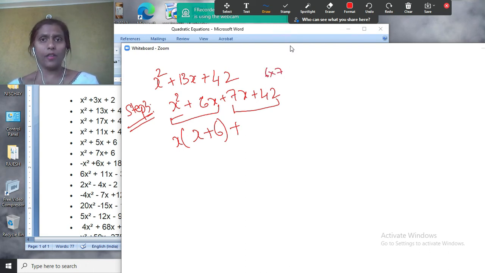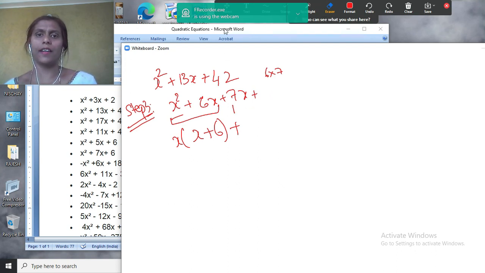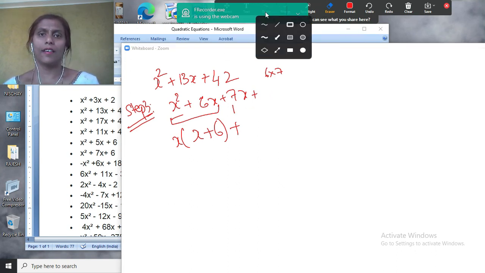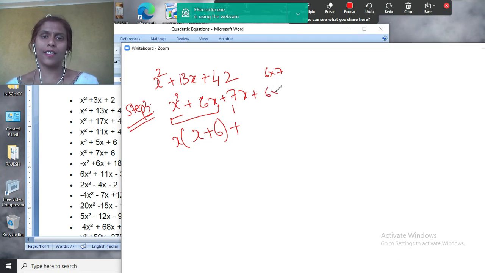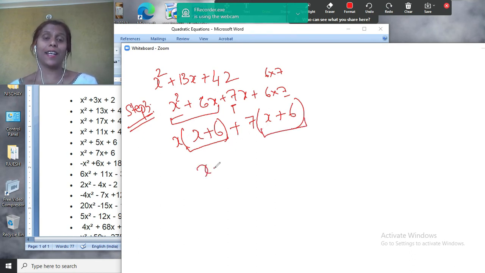Right? Okay, do one thing. Let me erase 42 itself and write this as 6 into 7. Now you can easily see what is common. 7 is common. Take 7 out. X goes in plus 6 goes in. X plus 6 and x plus 6. Out of this entire equation, x plus 6 itself is out.